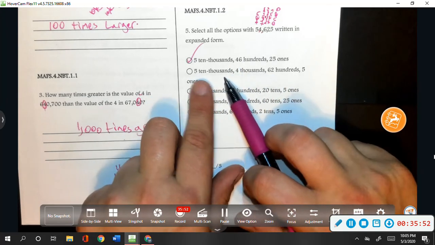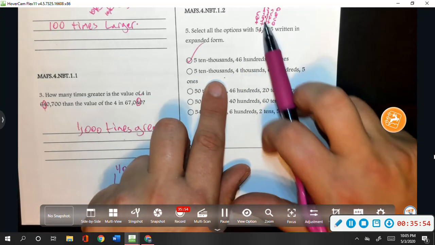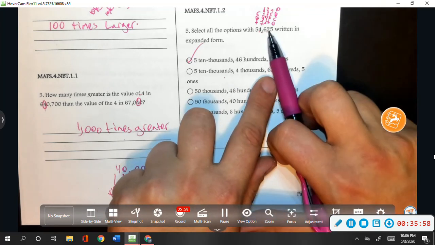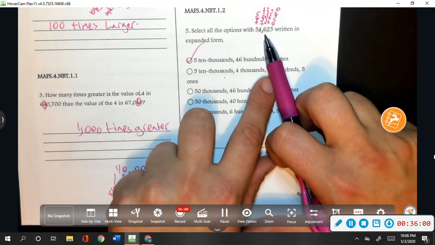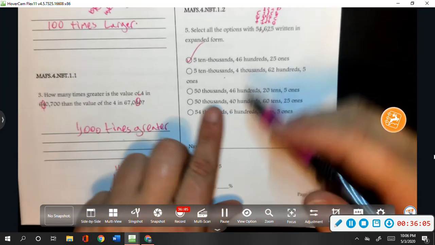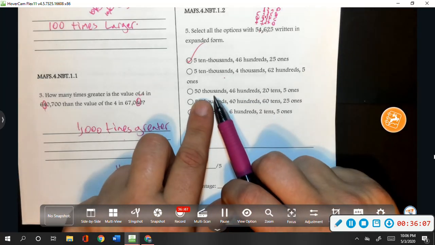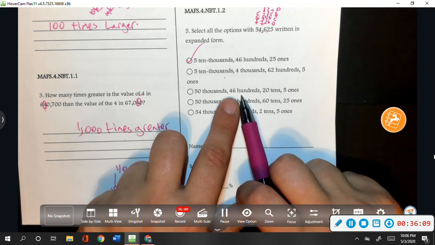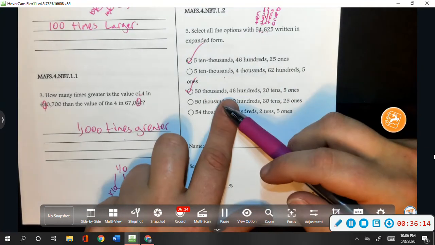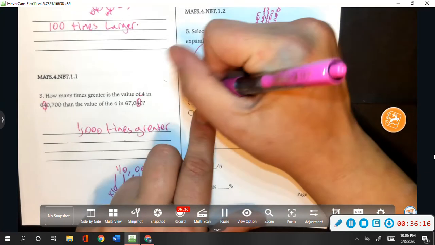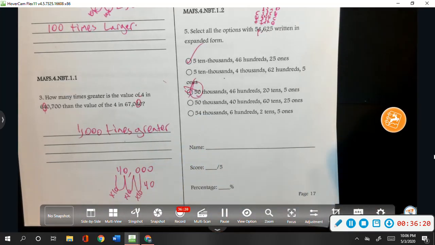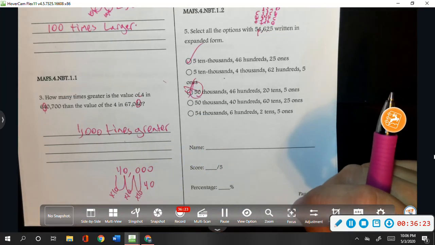We have 5 10,000s, 4 thousands, 62 hundreds. Could we put that 2 into the hundreds? No, that's going from a smaller place value. We couldn't do that. 50,000s, 4,600s, 20, true. Or nope, that's not true. Not 50,000s. We have 5 10,000s. So I really think that was the only option.